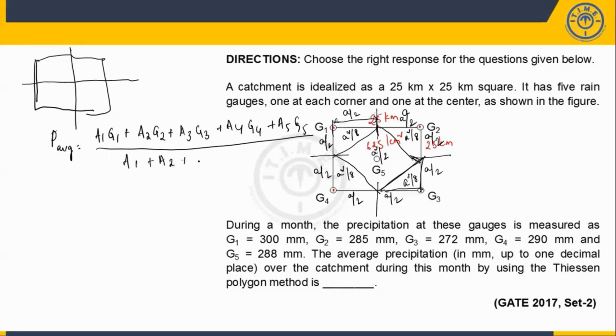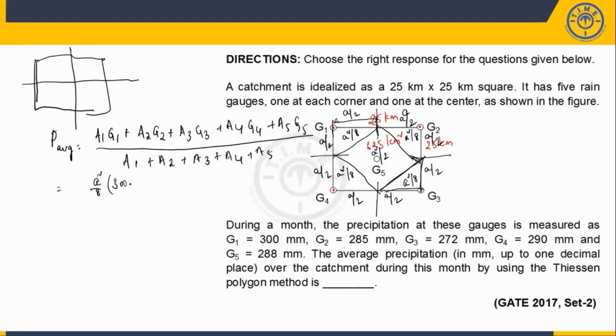A1 plus A2 plus A3 plus A4 plus A5. Am I right? Now how much is A1? A1 means the area corresponding to Z1. A square by 8. Very good. A2 is A square by 8. A3 is A square by 8. A4 is A square by 8. So can I take A square by 8 as common?